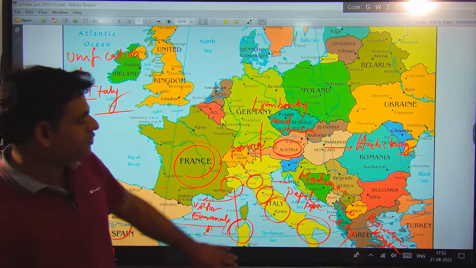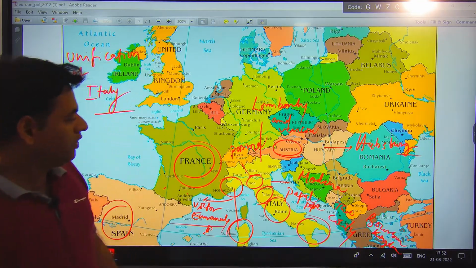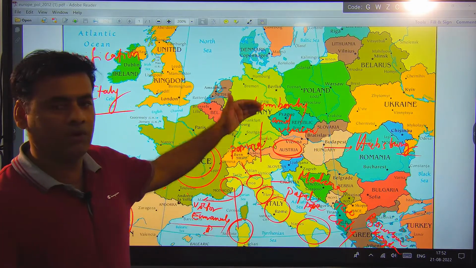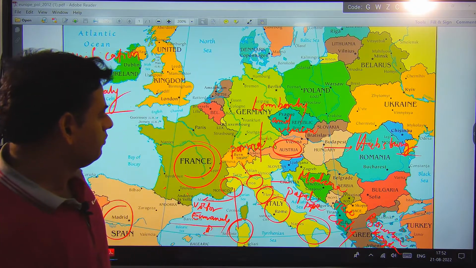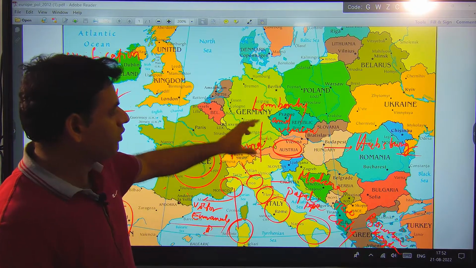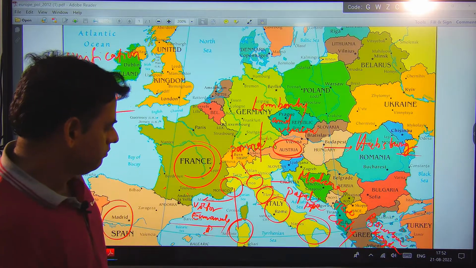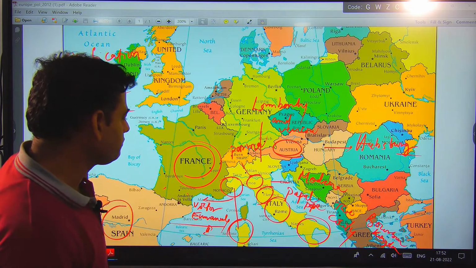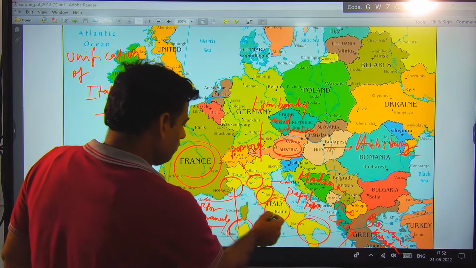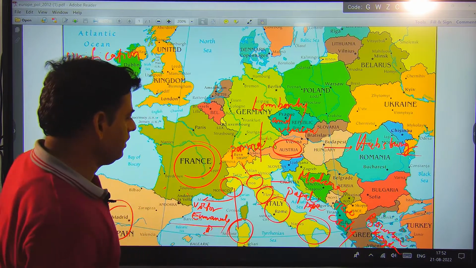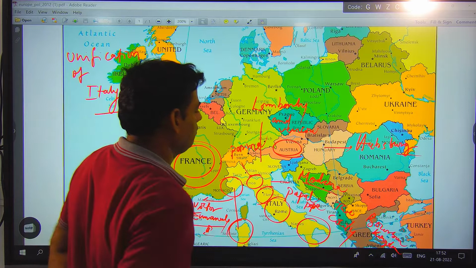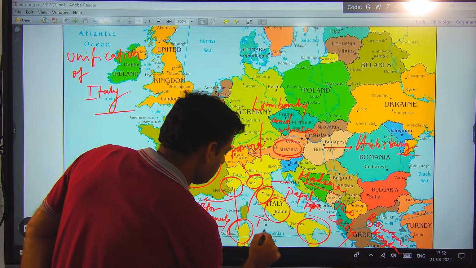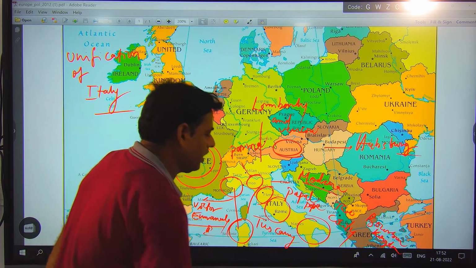We need to understand these 2 kingdoms, Habsburg as well as the Bourbon dynasty. These 2 dynasties were very powerful in Europe at that time. So, northern Italy was ruled by the Habsburg kingdom and southern Italy was ruled by the Bourbon kingdom, and the central part was ruled by the Papal state, Modena, Parma, and there was one more kingdom known as Tuscany.